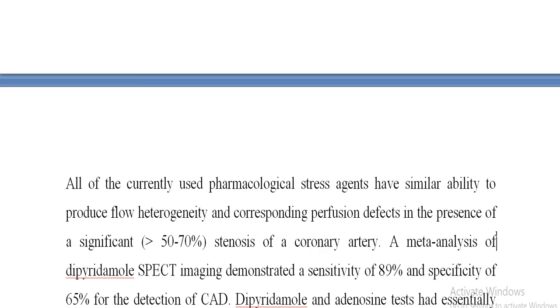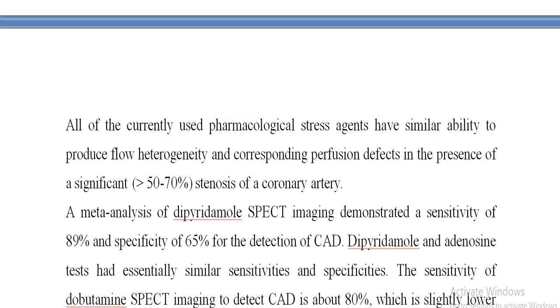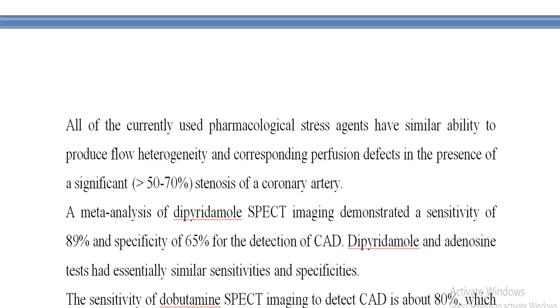A meta-analysis of dipyridamole SPECT imaging demonstrated a sensitivity of 89% and specificity of 65% for the detection of CAD. Dipyridamole and adenosine tests had essentially similar sensitivities and specificities. The sensitivity of dobutamine SPECT imaging to detect CAD is about 80%, which is slightly lower than that of the vasodilator agents.